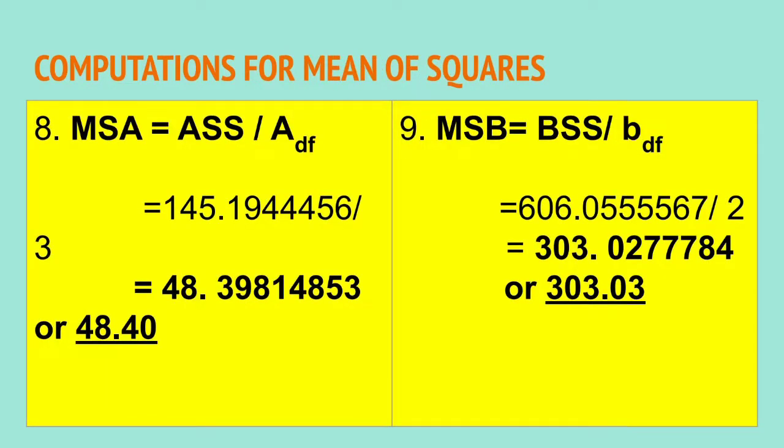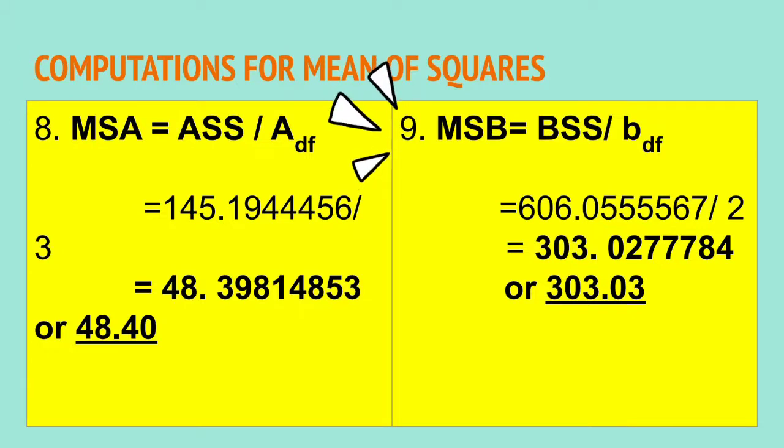Computation for mean of squares. So in number 8, the formula is MSA is equal to ASS divided by ADF, equals 145.1944456 divided by 3. So it equals 48.39814853.